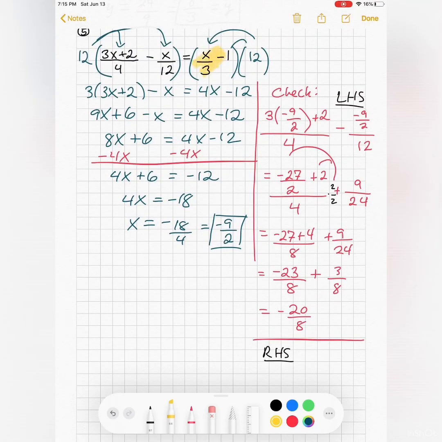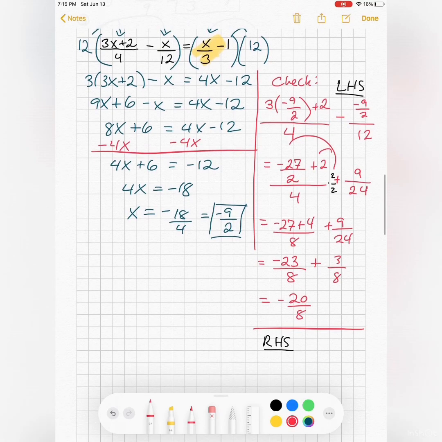So the right-hand side, x was negative 9/2.